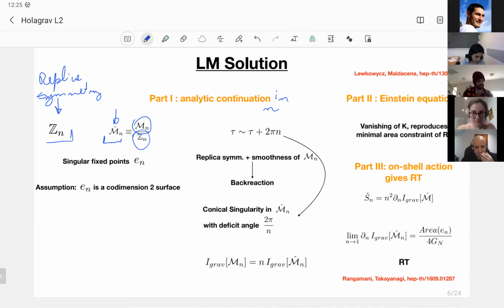The manifold, it's easiest. Which is the difference? This is a smooth solution of Einstein equation, smooth.